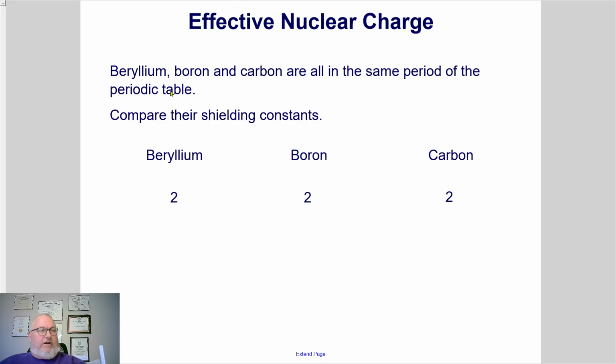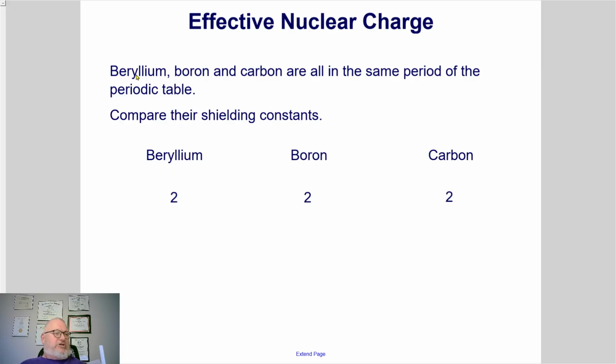Now let's look at some on our periodic table. Let's look at beryllium, boron, and carbon. They're right there in the same period, row 2, period 2 of the periodic table.